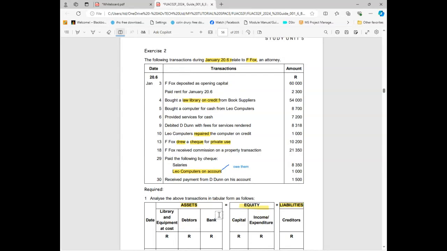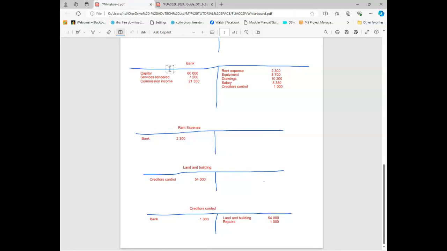On the 30th, let's see. What do you think? It'll be bank and debtors control. Let's start with the bank. Bank is debit because we're receiving cash. Yes, sir. So, what can I say? Debtors control. And then, how much is it? 1,005. Yes, I remember this one.